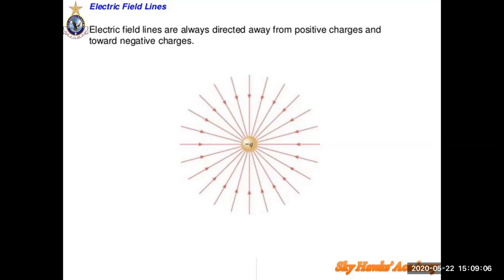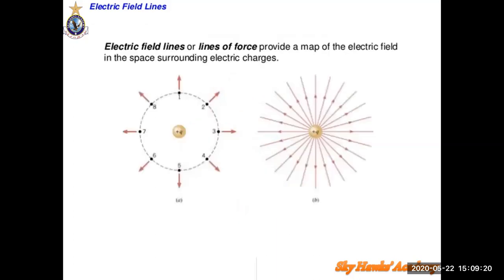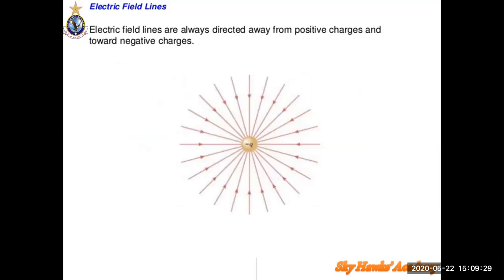In the last figure we were looking at, these arrows are pointing outward, away from the positive charge. Now the situation is slightly different. Away from a positive charge? No, no, it's a negative charge.